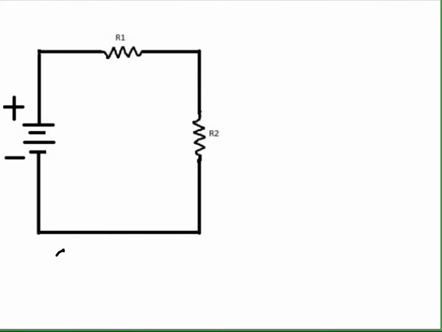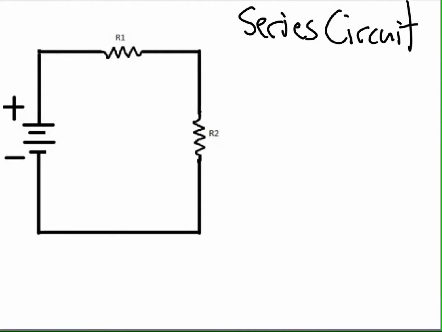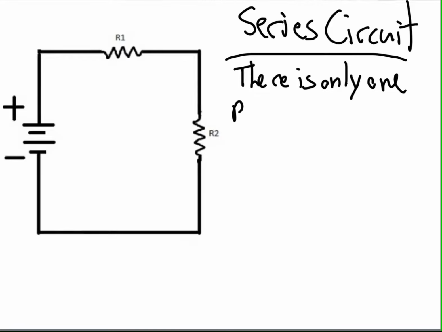So, moving on. Here we have a circuit that is basically as simple, but not quite as simple. This is what's known as a series circuit. A series circuit just means a circuit where there is only one path for the current. What do I mean by that?